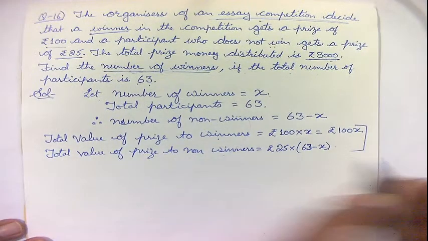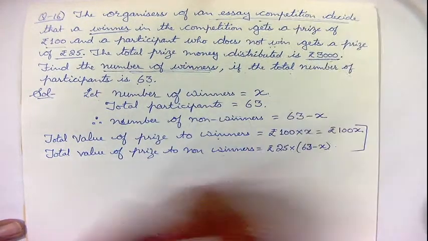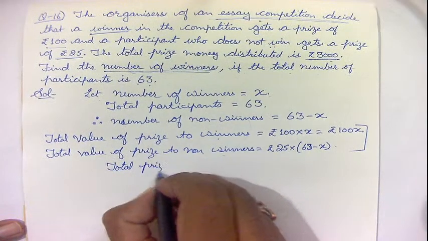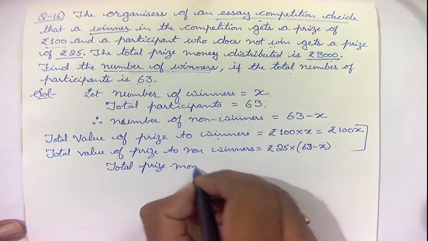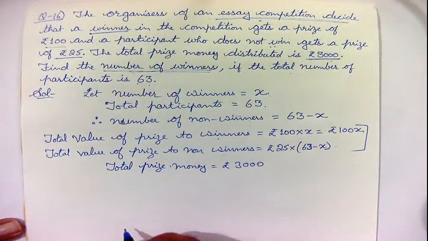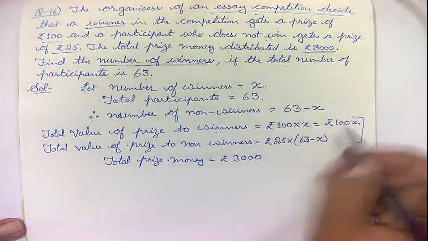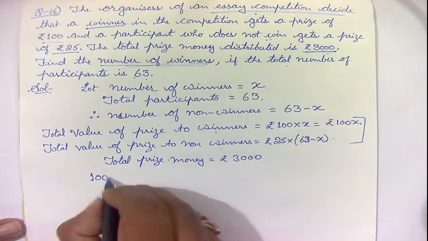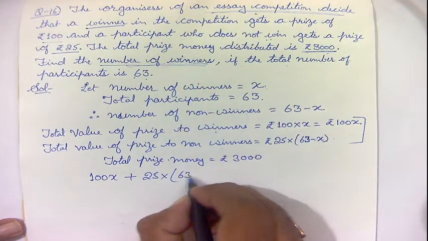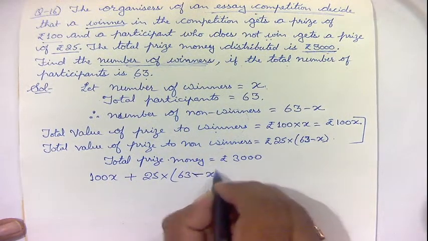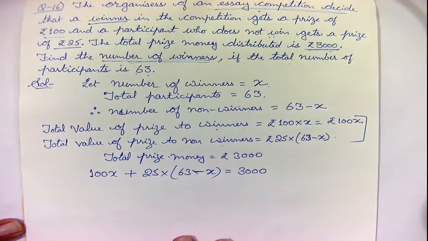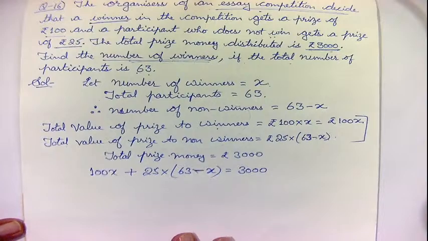And now we have that the total prize money is rupees 3000. Now form the equation. The sum of these two, that is 100x plus 25 multiplied by 63 minus x equals 3000. So this is the equation which you have to solve now.